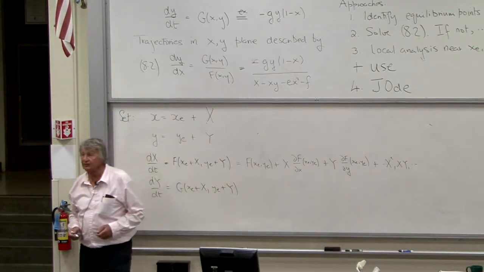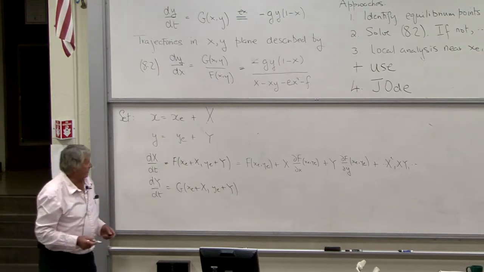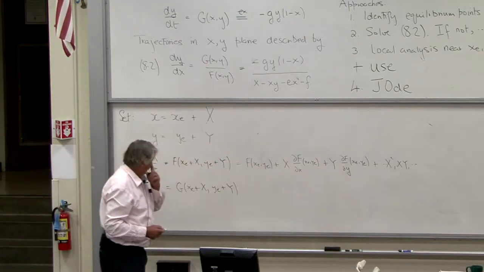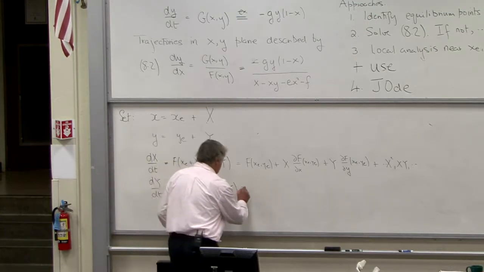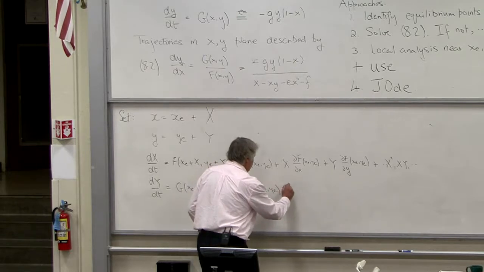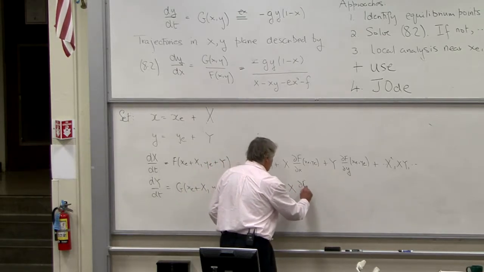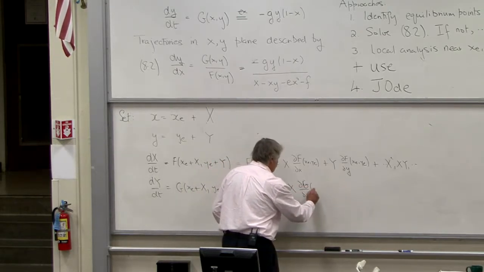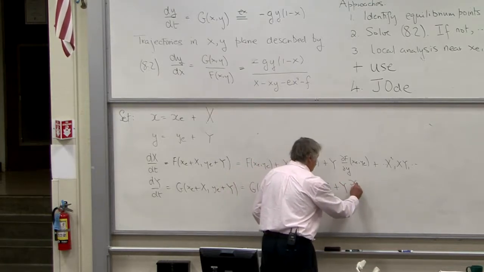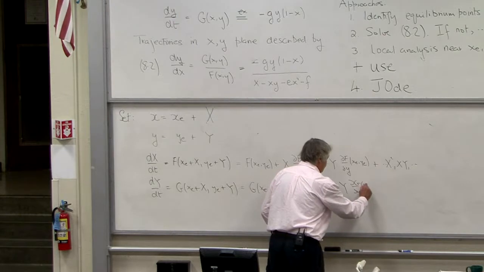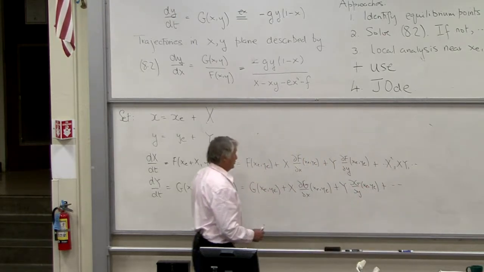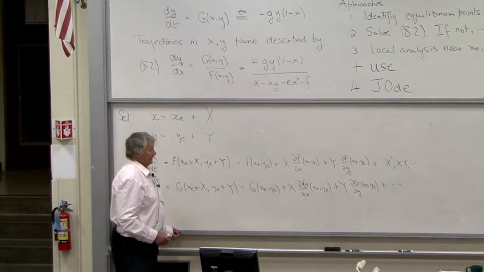But we are going to ignore them because we're just going to imagine that we're close to where X and Y are small. Similarly, with the g, I have this, at xe, ye, plus, again, quadratic and cubic terms and higher order.